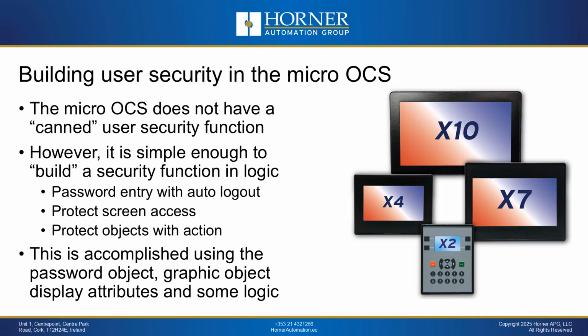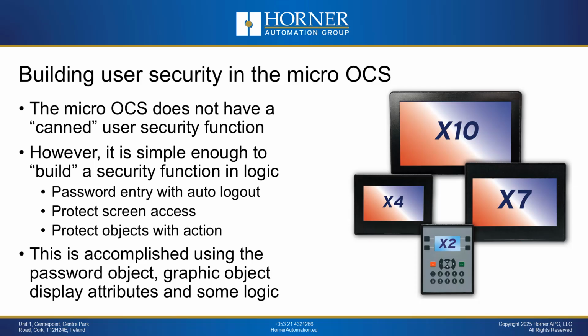Now let's talk about how we can incorporate some of these security functions into the Micro OCS, which does not have a canned user security function. And in today's demonstration, we are going to show you how you can build a project that has the ability to provide password entry and an automatic operator logout if there is a level of inactivity. We are going to show you how to protect against an operator accessing a certain screen.